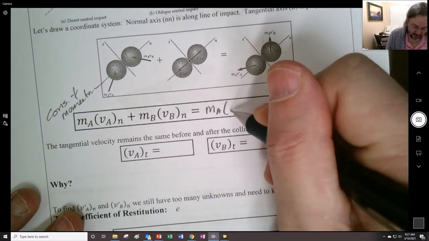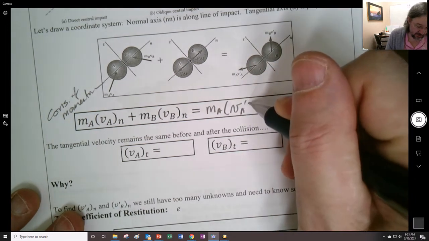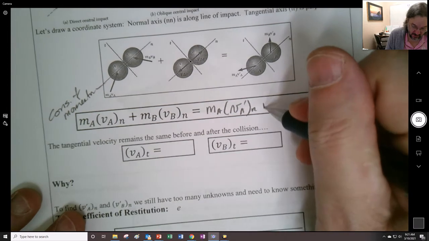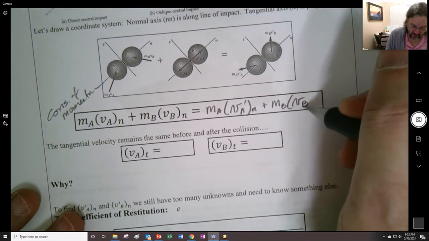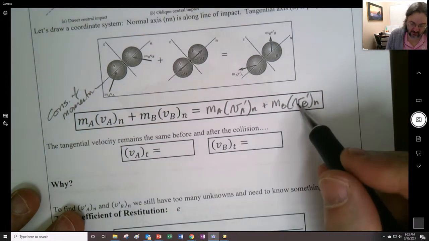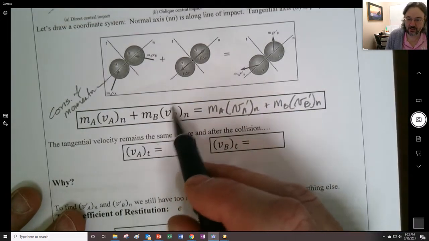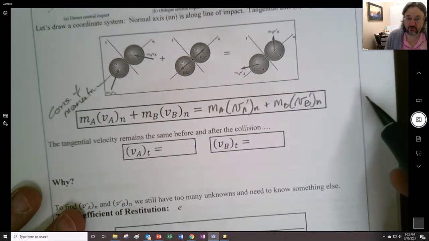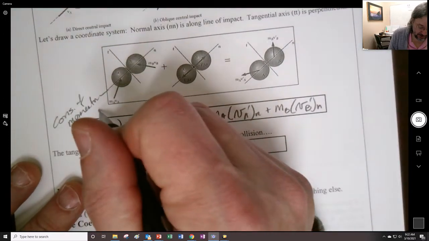I really would like to change out from that, so we'll go mA vA prime, but maybe one of these days I'll change everything, plus mB vB prime. We have to make sure that we're using the correct signs, especially on this side, for what direction they're going. So that's going to be true in the normal direction.